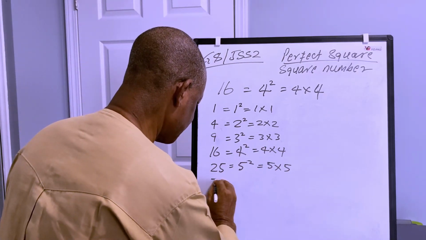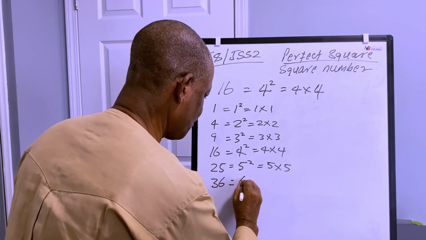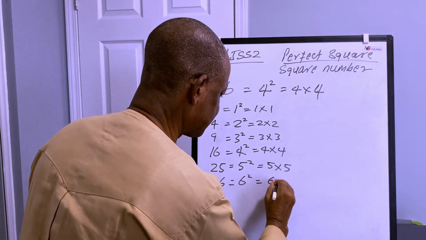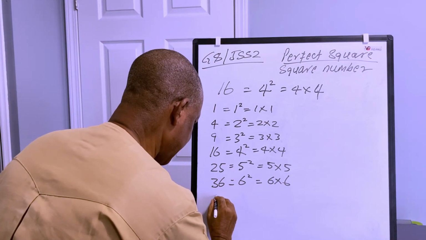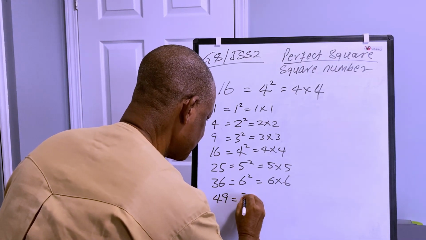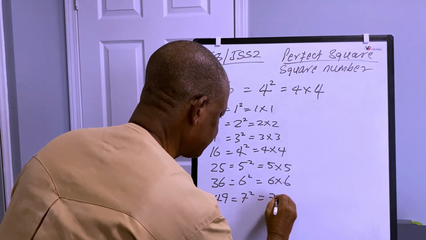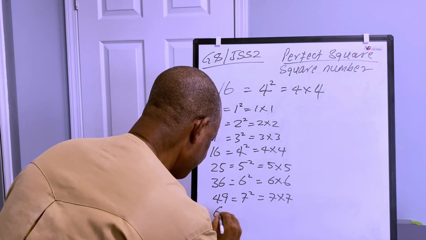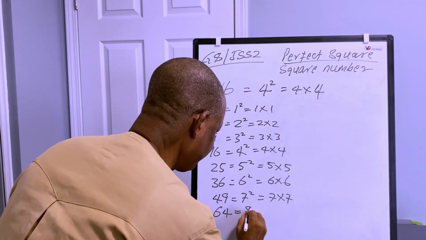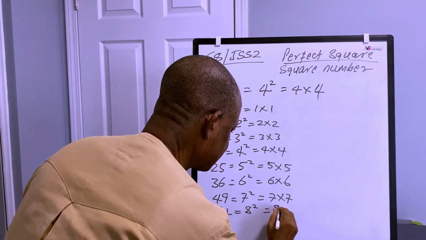We have 36, which is 6 square. This is 6 times 6. And we have 49, which is 7 square. That is 7 times 7. We have 64, which is 8 square, 8 times 8.